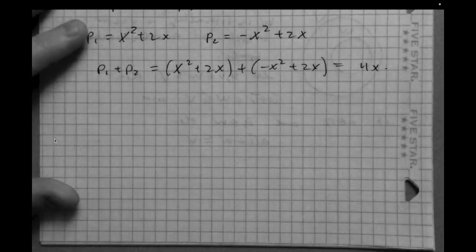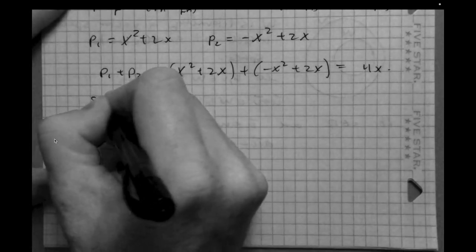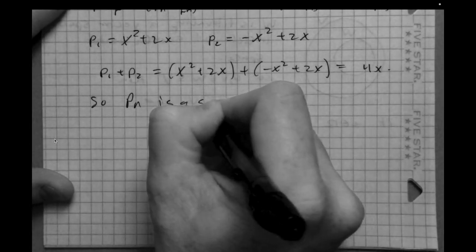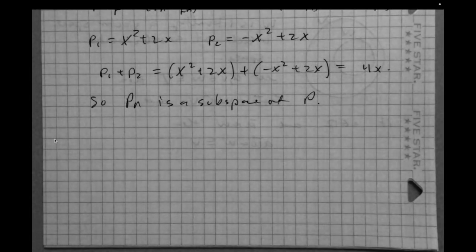So hence it's a subspace of the total space of polynomials P. So P sub n is a subspace of P. Okay, I like that example. It's very concrete. These are familiar objects. Let's think about what is called the trivial subspace.